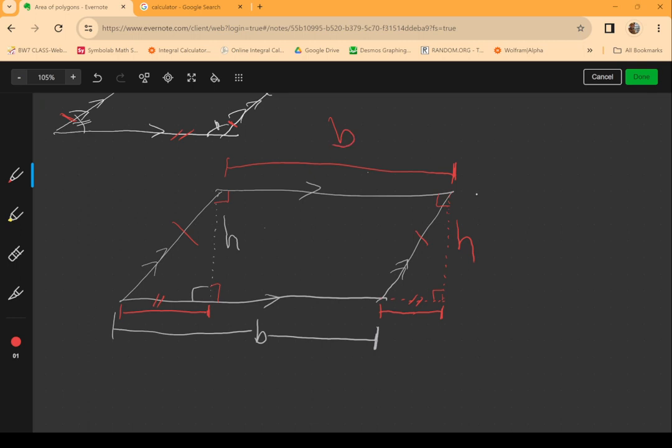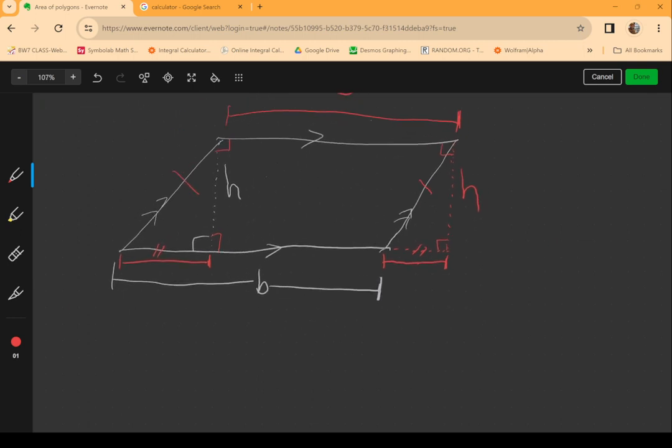Now here, the width is not the length of the side, but this height h, the height of the parallelogram. So as it turns out, our area formula for a parallelogram is area equals b times h, b for what I call the base, and h what I call the height.